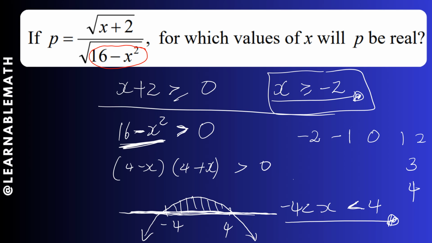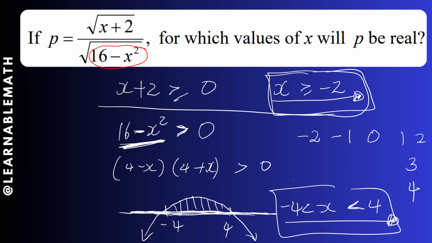Can you see now the bound that we are getting? Here it's saying x must be greater than minus 4, but on top it will be contradicted, because if you let x be minus 3, on top you will have minus 3 plus 2, which will be negative. So on top, x must be greater than or equal to minus 2, but on the bottom x must be between minus 4 and 4. We have to combine these two to find the interval of x, the values of x that will ensure this is always a real number.